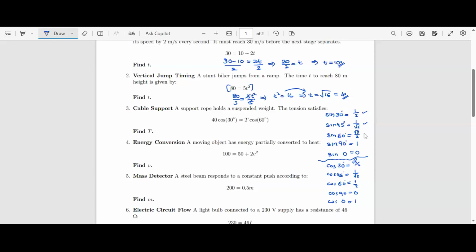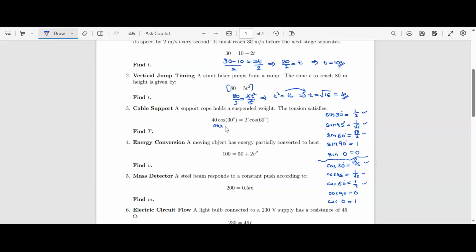It will be good if you can remember these values, because they won't be giving you these values. You'll have to use this. So it's better if you can remember this, right?